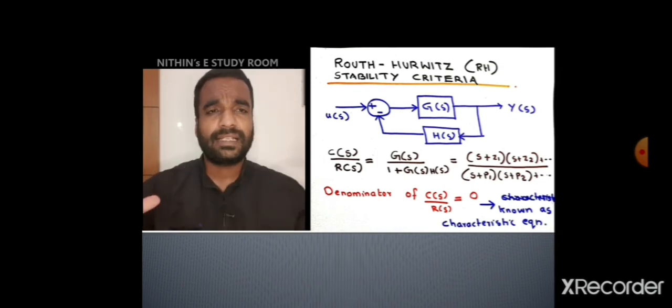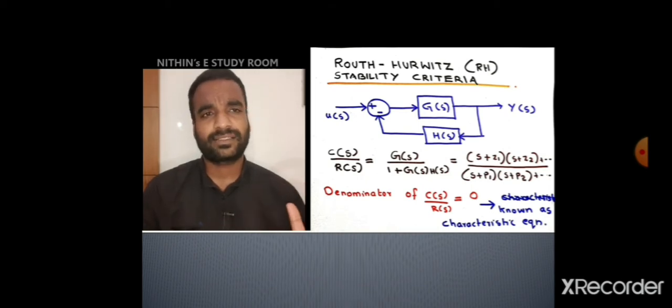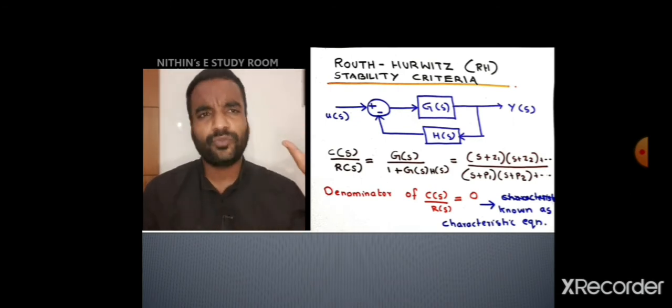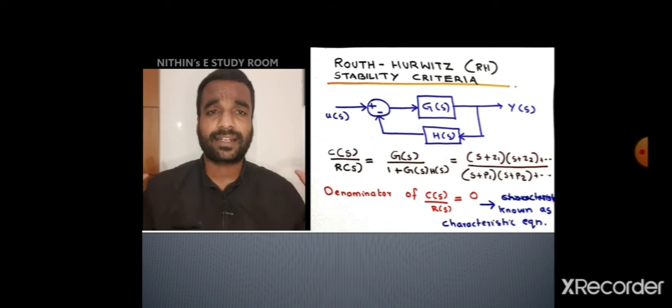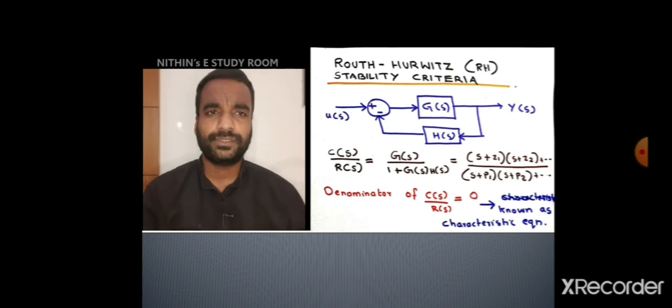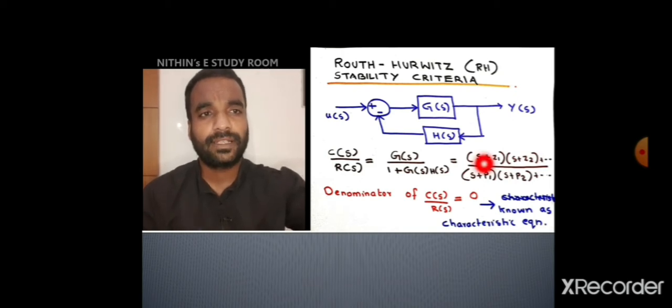Anyhow, if you are solving this by block diagram reduction, or by finding the transfer function from modeling of a mechanical system, you will get a transfer function that we can write in the form of C of s by R of s. If G of s is given directly and H of s is given directly, you can find it by using G of s by 1 plus G of s H of s. Anyhow, that transfer function will be in the standard form of this equation.